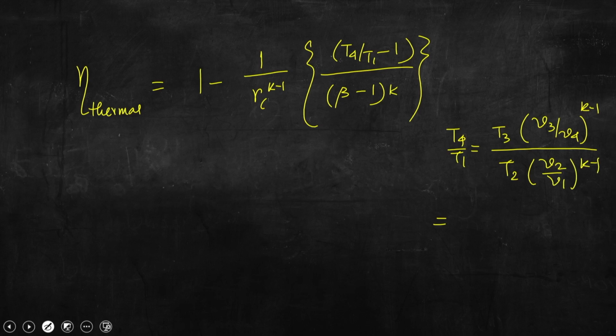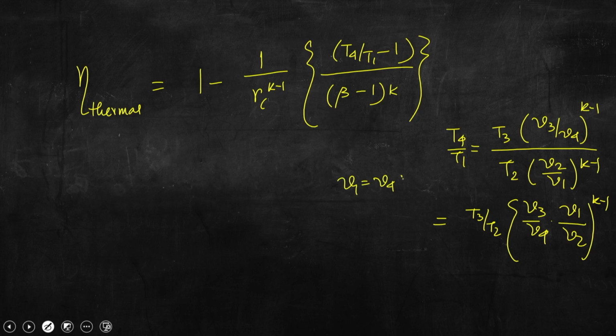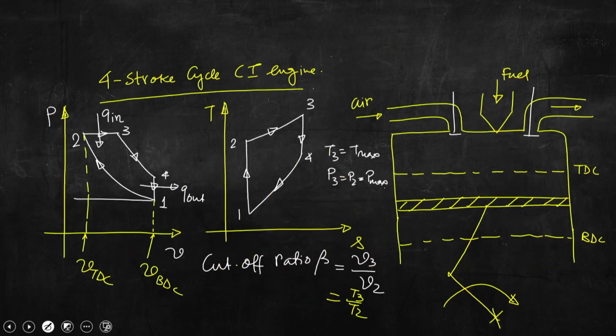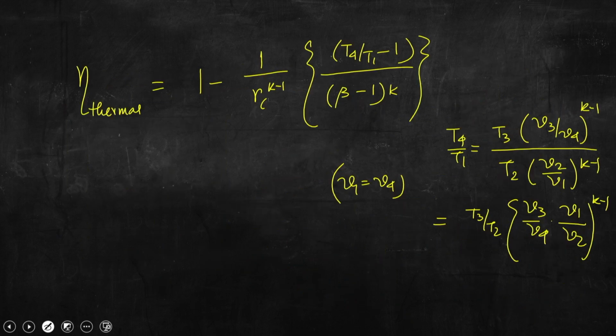That is nothing but T3 by T2 into (V3/V4 into V1/V2)^(k-1). Since V1 equals V4, that you can see from this PV diagram, V4 equals V1. So, this will get cancelled, and eventually V3 by V2 is again T3 by T2. So, T3 by T2 power k, and that is beta power k.